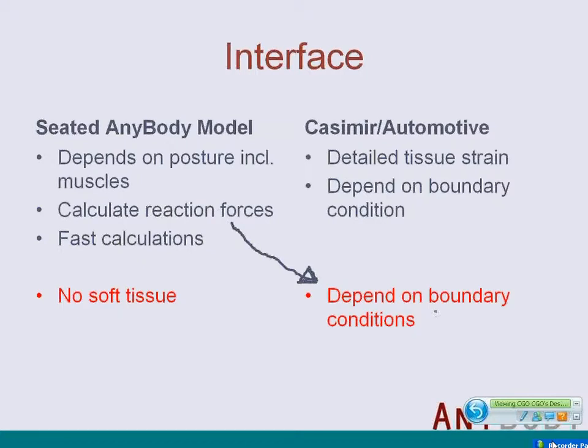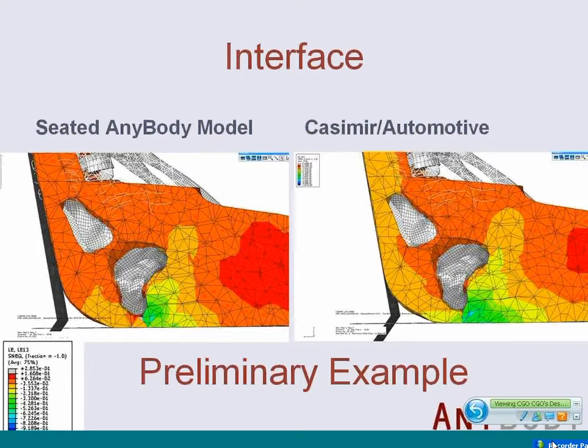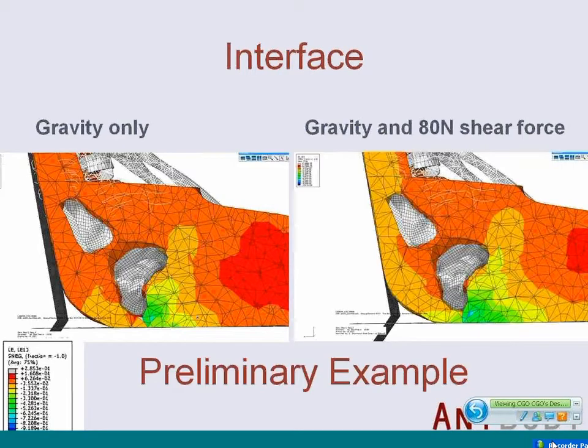So basically, the boundary conditions can be calculated by the AnyBody model and fed into the Casimir model, and then this detailed tissue strain is something that can go the other way, because the AnyBody model doesn't have any soft tissue.